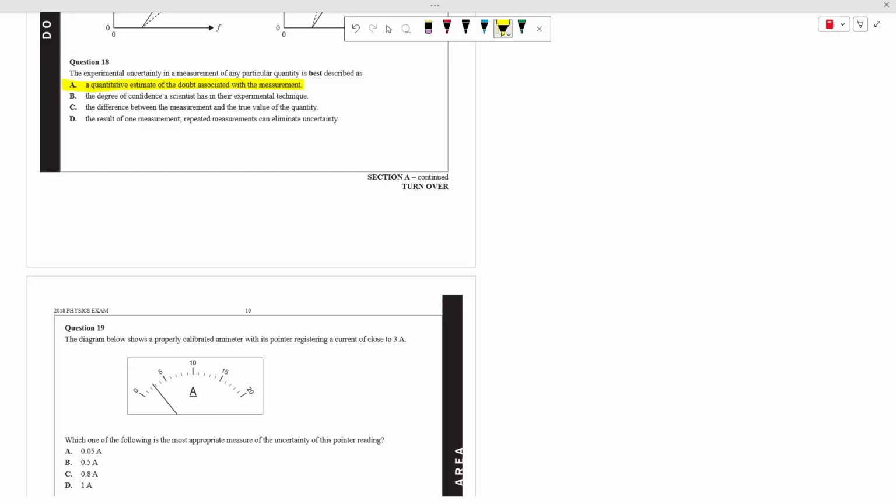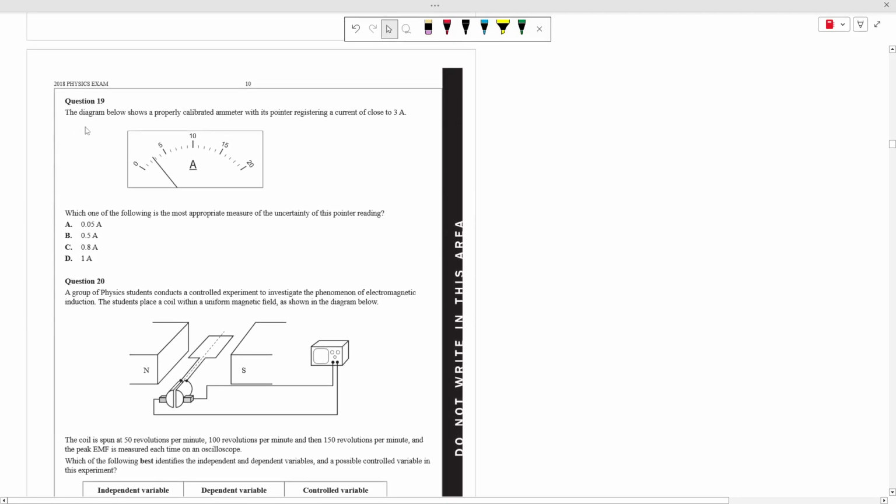That's more just how accurate your data is. And D, the result of one measurement, the repeated measurements can eliminate uncertainty. Repeated measurements can eliminate random error, but they won't necessarily eliminate uncertainty because, again, your uncertainty is related to the resolution of your measuring device. So it's not D. So I'll stick with A.